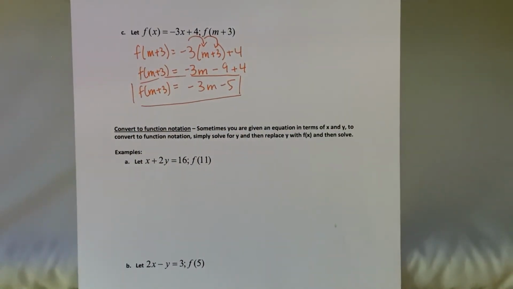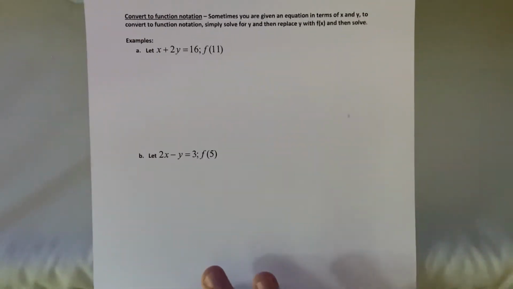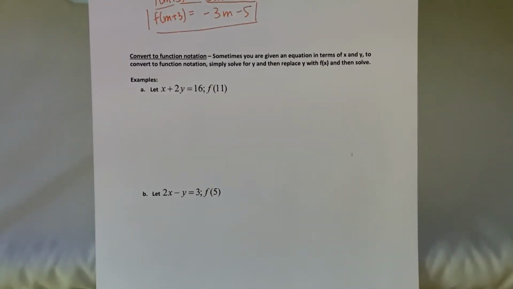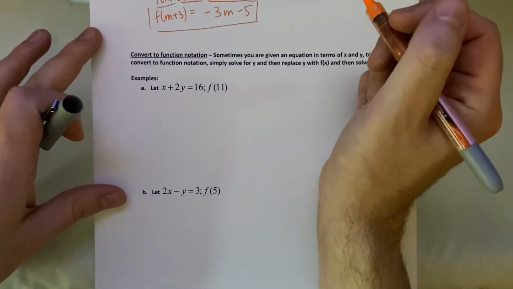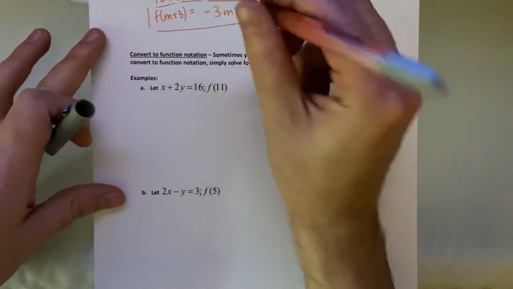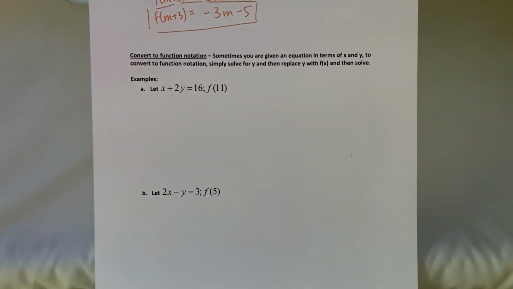Okay, another thing is converting to functional notation. Sometimes you're given an equation in terms of x and y, and it asks you for f of something. What you really have to do is just get y by itself, and your y is your f of x once we sub it out. So if I say let x plus 2y equals 16, find f of 11. That's basically a fancy way of saying let x equal 11 and find what y is.